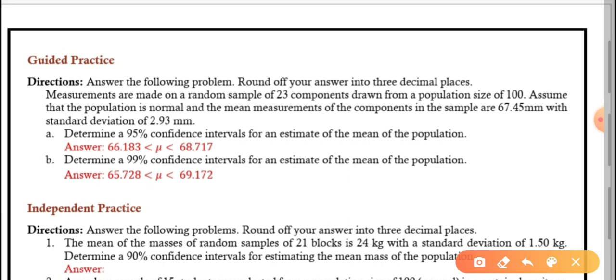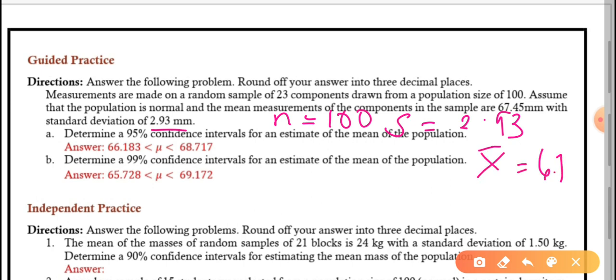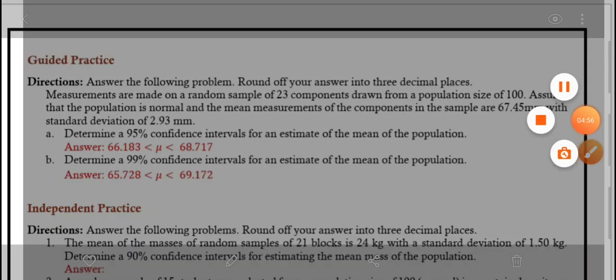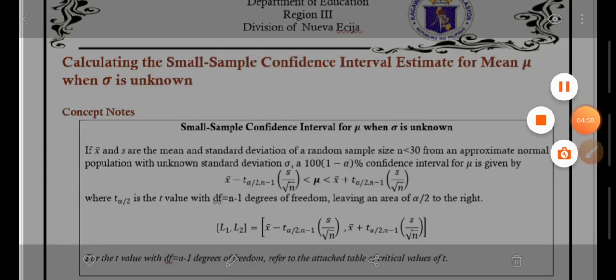So all you have to do is to determine our given. We have our population size equal to 100. Our standard deviation is 2.93, with its mean as 67.45. If you still remember, going back to our formula, I'm going to show you the formula.